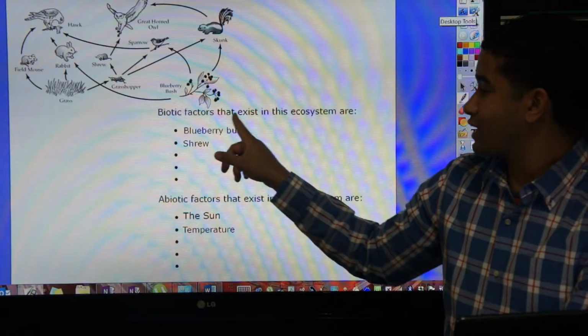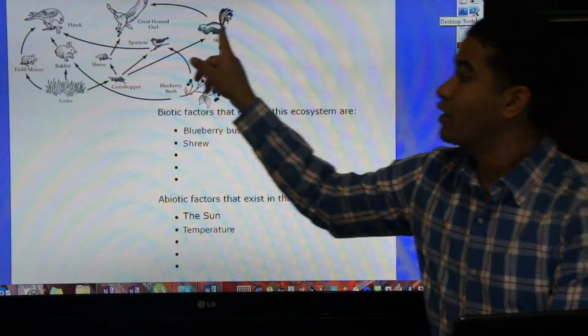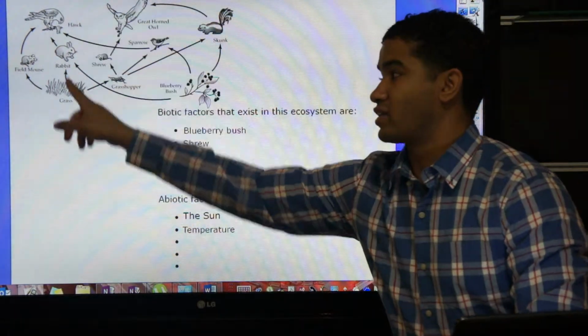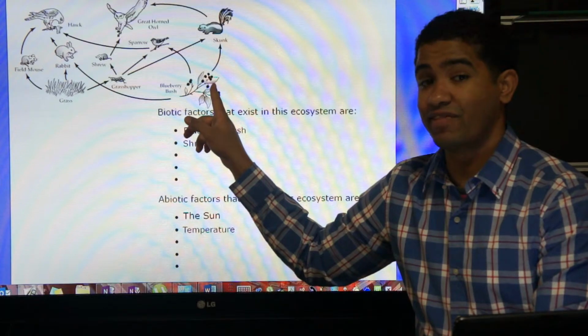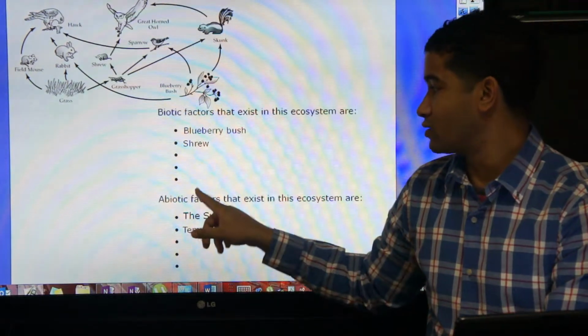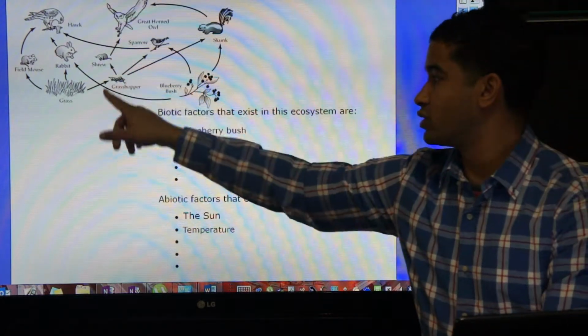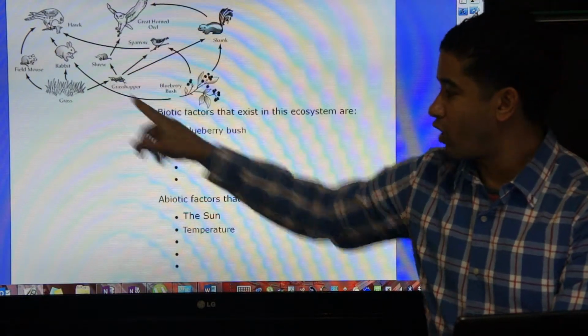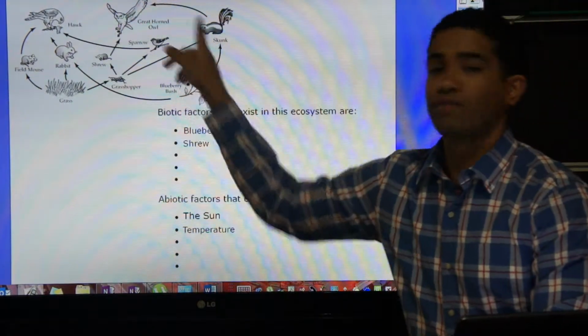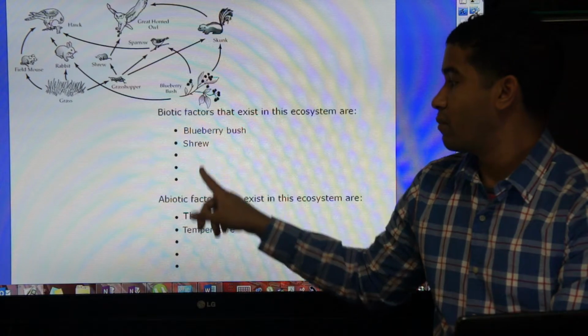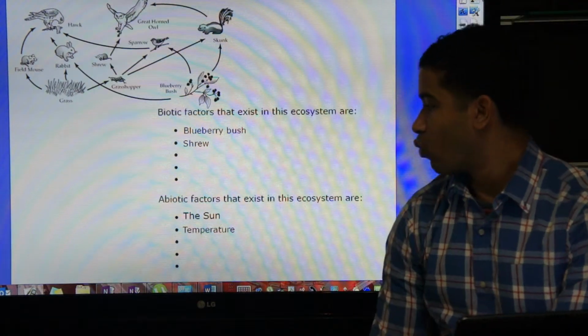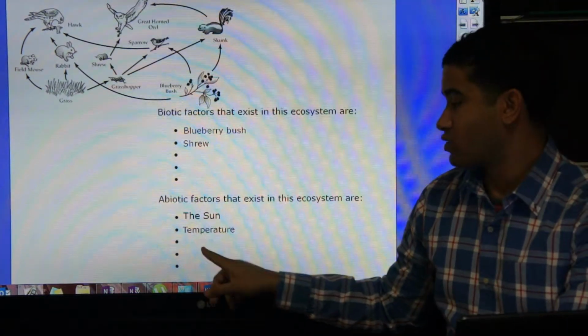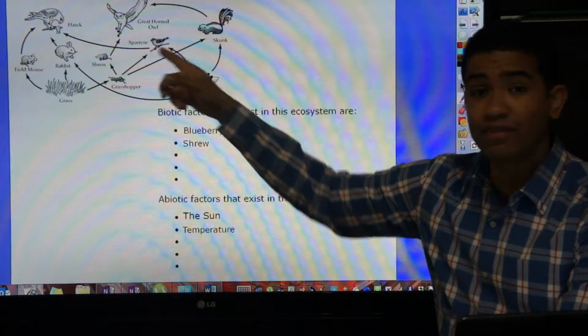So biotic factors that exist in the ecosystem are, well, all of these are our biotic factors. Our organisms or our living things are our biotic factors. So blueberry, the shrew, the grasshopper, the great owl, the hawk, everything here will be our biotic factors. What are our abiotic factors? Well, our abiotic factors are not in the food web.